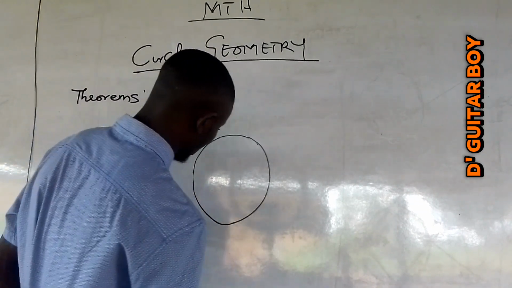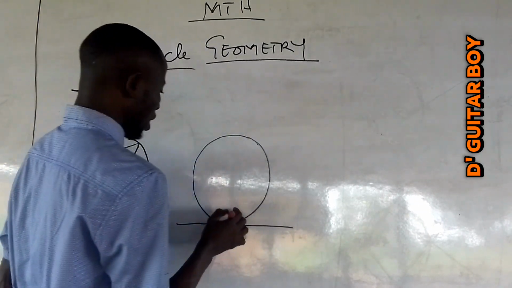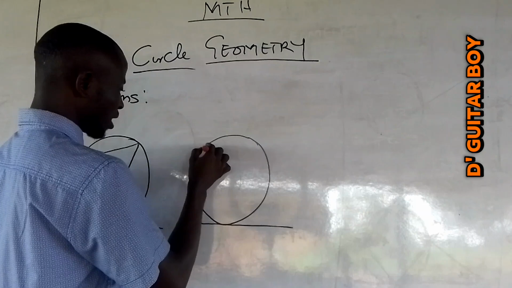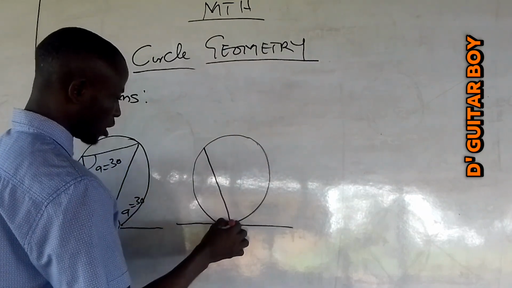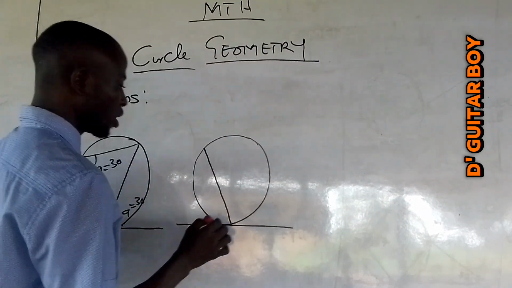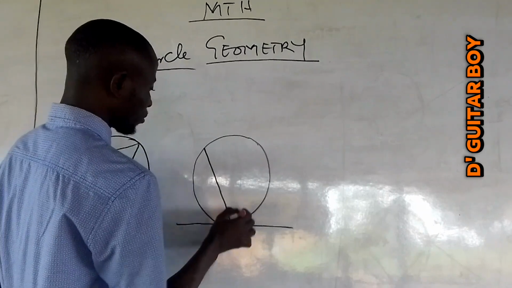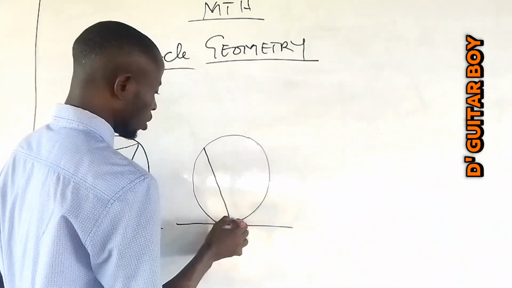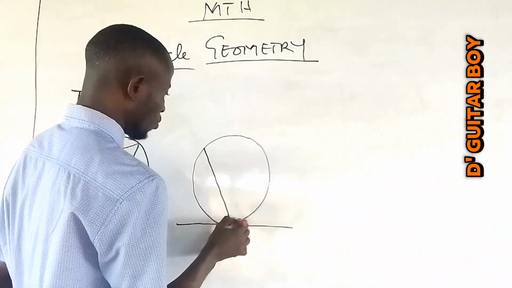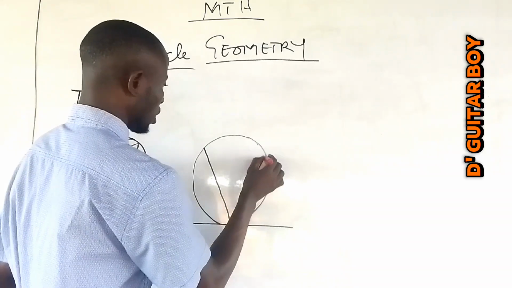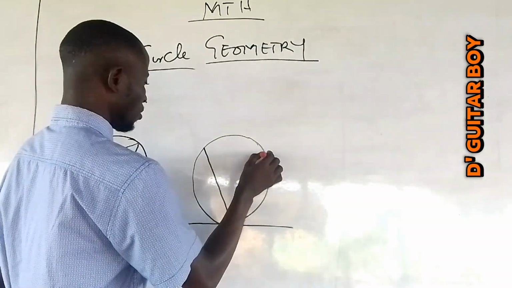Now, let's say this is a tangent. Another way you can draw it, and you draw a line from here. It does not matter where you draw it from. You draw a chord from here, and you draw another one from here. You draw another one from here.